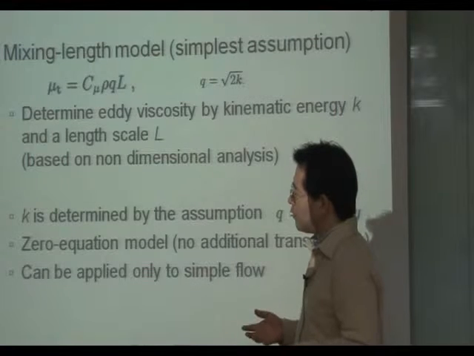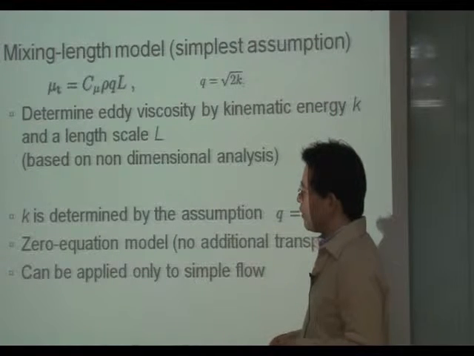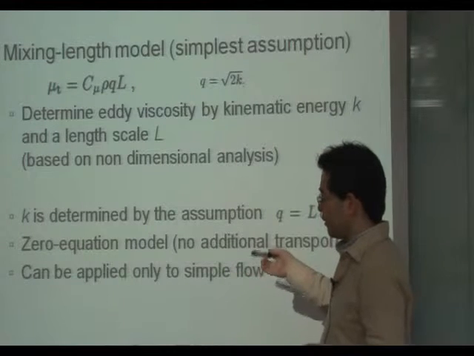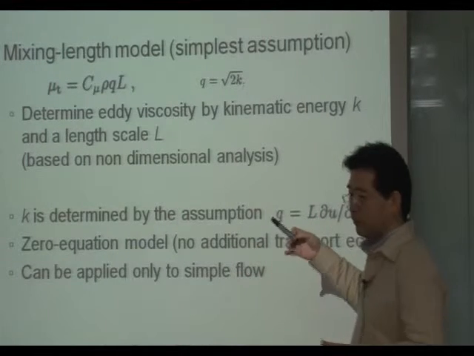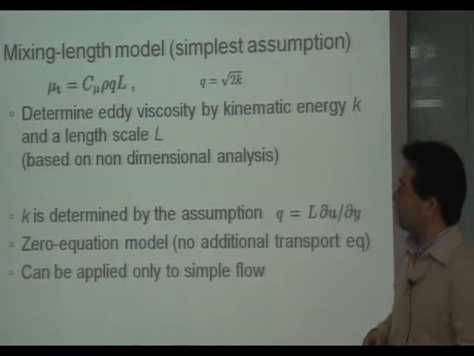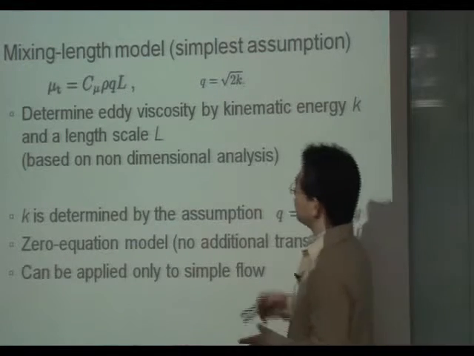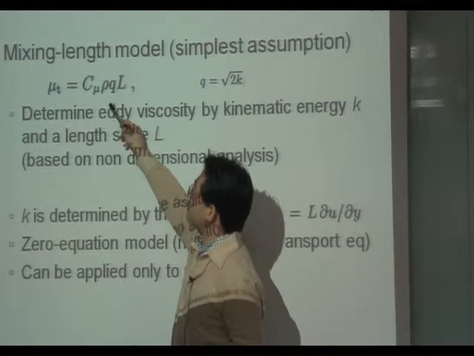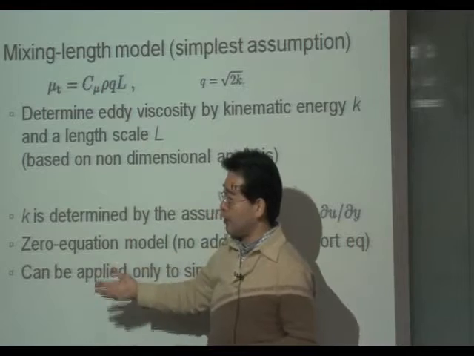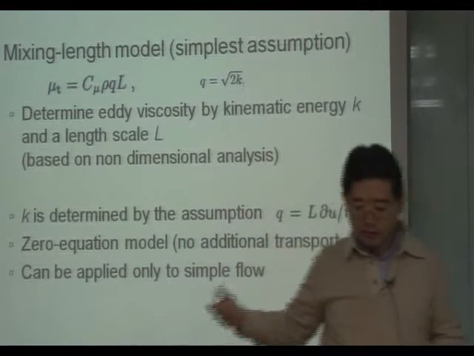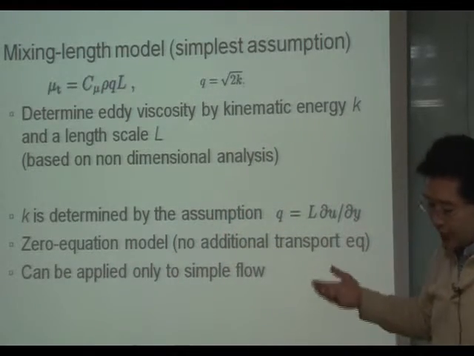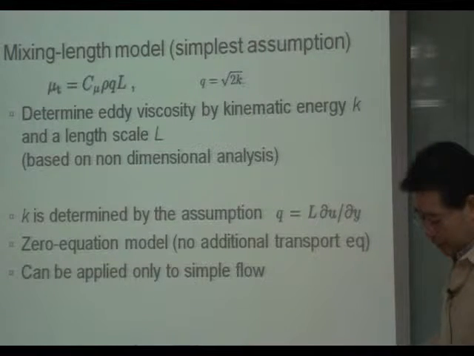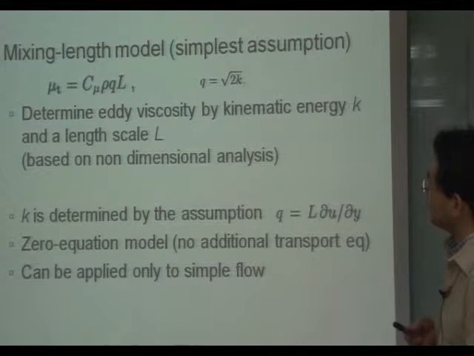In many practical applications, characteristics of flow differ based on the position in the computational domain. So if we use this model, we have to determine C mu and the function of L at each position of the flow, considering the situation. So it is not applicable for complicated flow conditions.